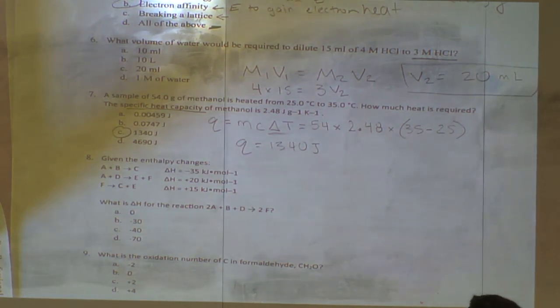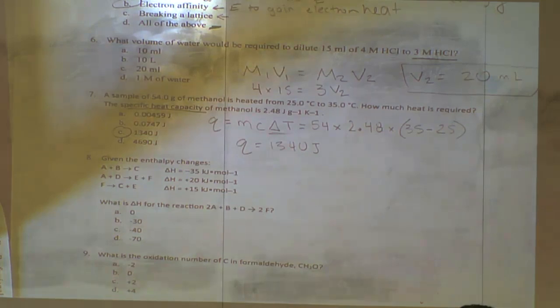Now we can look at it the other way: did the water get hotter or colder? It got hotter, so you have to put in heat to make something hotter. That's the other way to realize that it's an endothermic process. You have to put in the heat to heat up the water. For this particular problem, it'll always be endo.